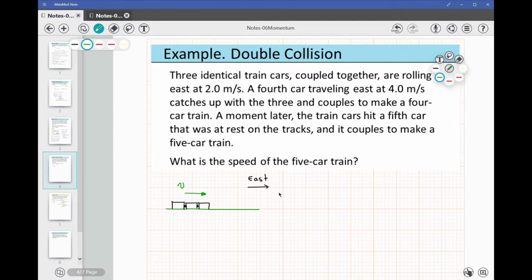So let's call the speed of these trains speed 1, 2, 3, and it's 2.0 meters per second.